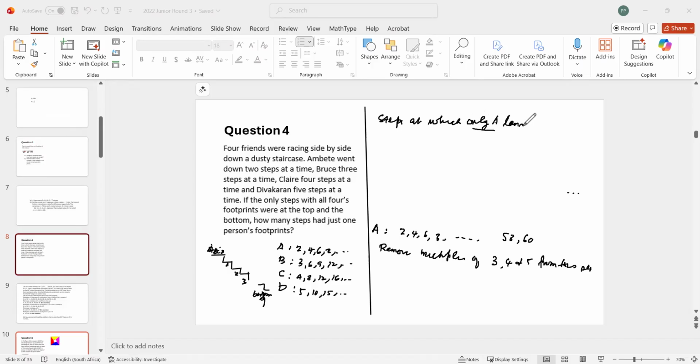In other words, you have to remove the multiples of 3, 4, and 5 from this. So you go to 2, 4 has to be removed, 6 is a multiple of 3, 8 is a multiple of 4, 10 is in.